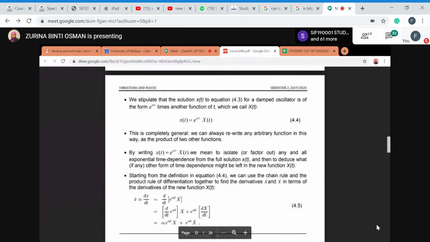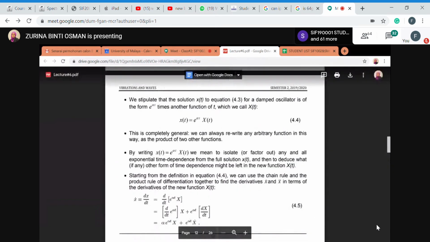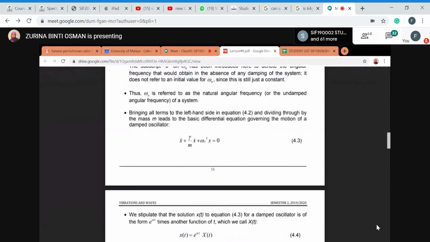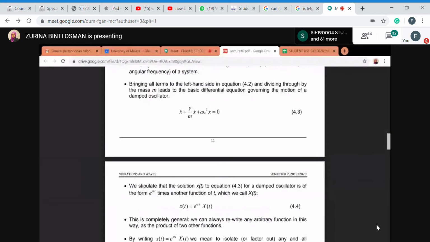Now that we have this equation, we have to find the solution, as we did for simple harmonic motion.